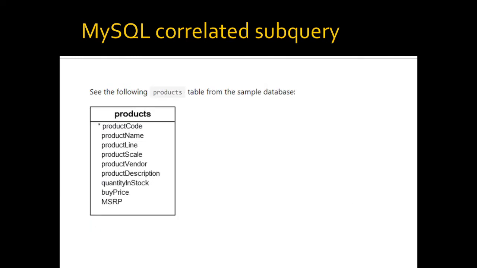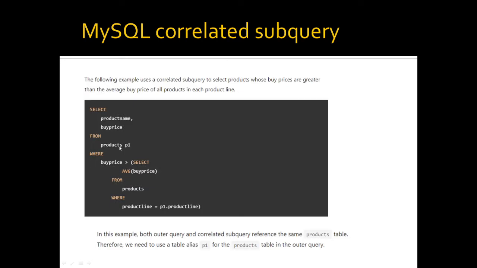Let's say, for example, we have the products table with product code, name, product line, product scale, product vendor, product description, quantity in stock, buy price, and MSRP. Product line is maybe the category. The following example uses a correlated subquery to select products whose buy prices are greater than the average buy price of all products in each product line.